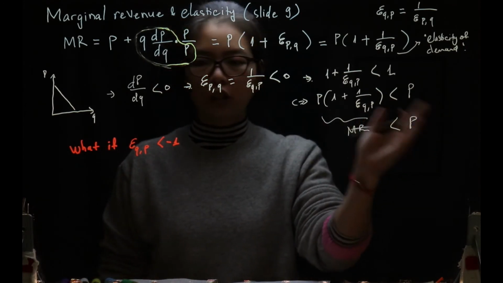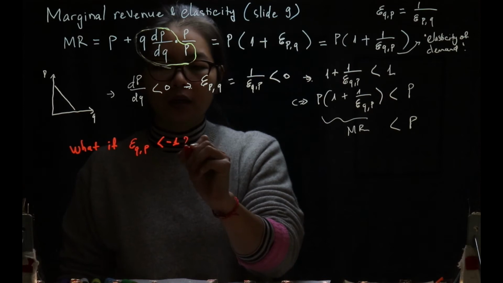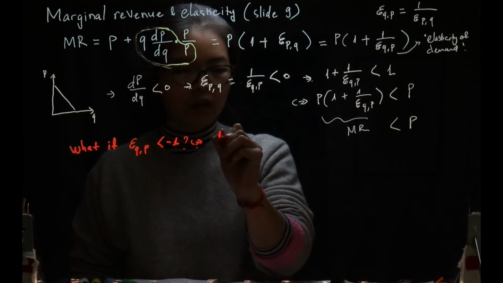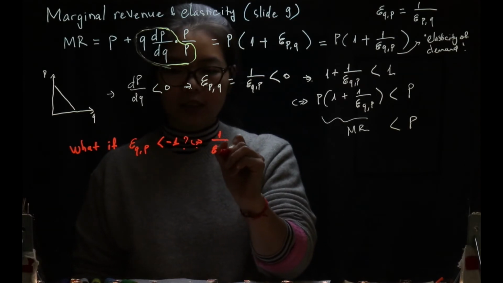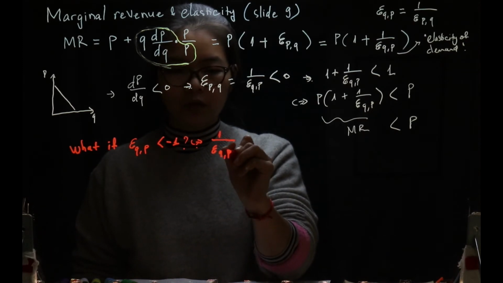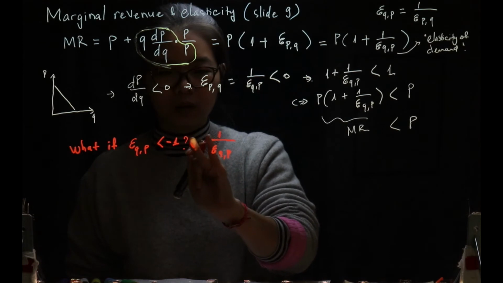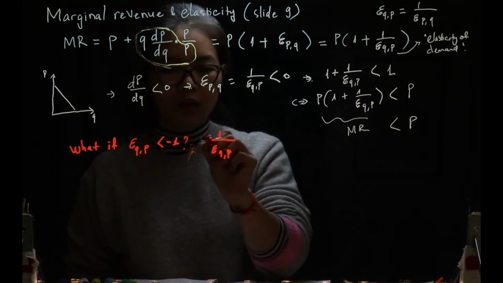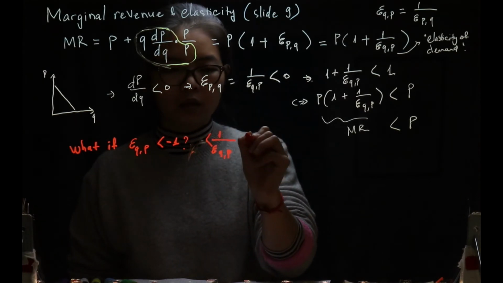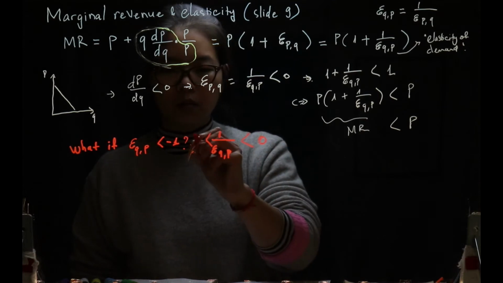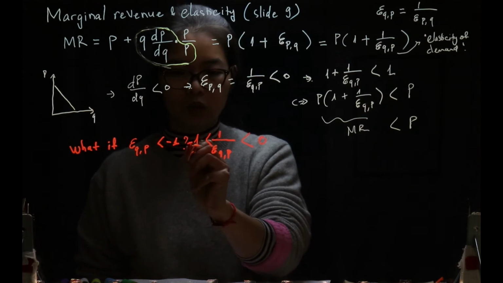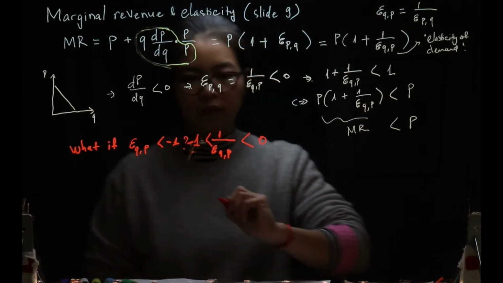We apply the same route of thinking like here. So that means, a little bit tricky, 1 over the elasticity of Q with respect to P will be still negative, but larger than -1, okay?